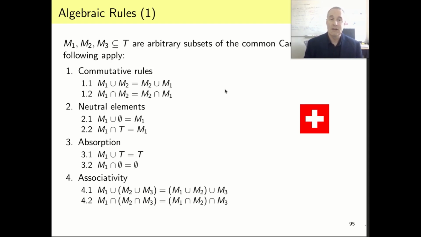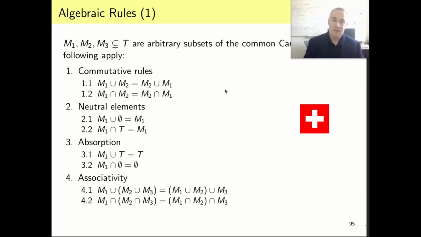The union of any set with the empty set is the original set, and the intersection of any set with the carrier set is also the original set, because of course all sets here we've defined as being subsets of a common carrier set.